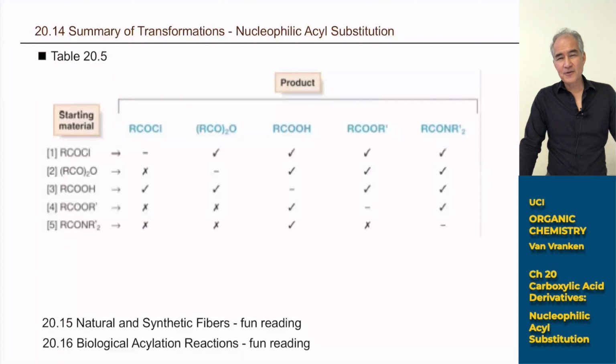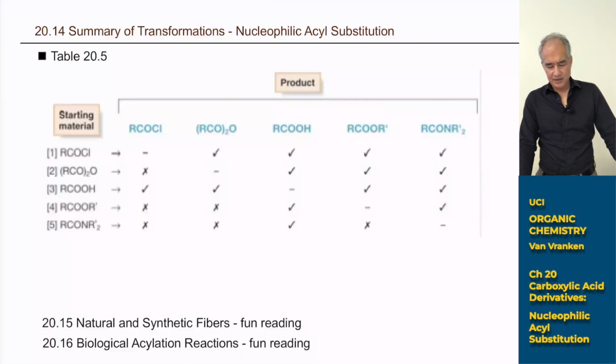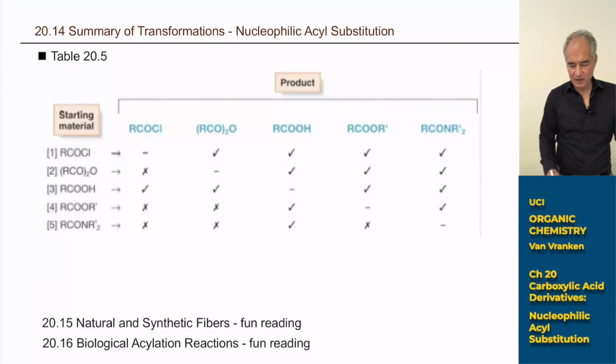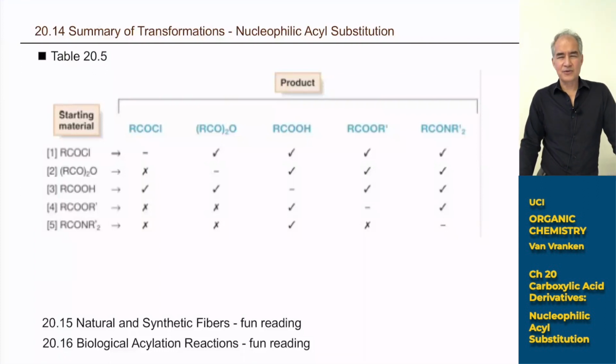I'm not going to ask you about that, but this chapter, carboxylic acid derivatives, is so central to biochemistry, drug synthesis, modern chemistry. You really need to know all the transformations that we've talked about in this chapter. But I'm not going to ask you about the biological acylation reactions or nylon synthesis. That's just kind of fun reading.